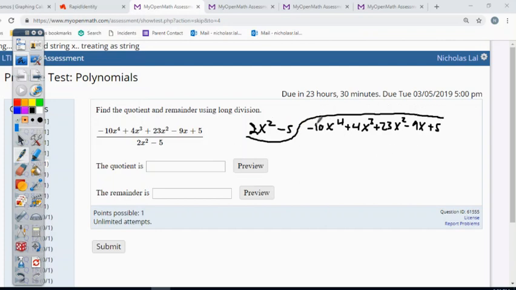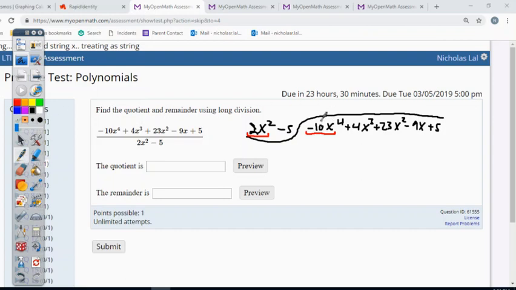So how do I come up with that? I divide my leading terms. This is the leading term of my numerator, and this is the leading term of the denominator. I always divide the numerator's leading term by the denominator's leading term to find my quotient.